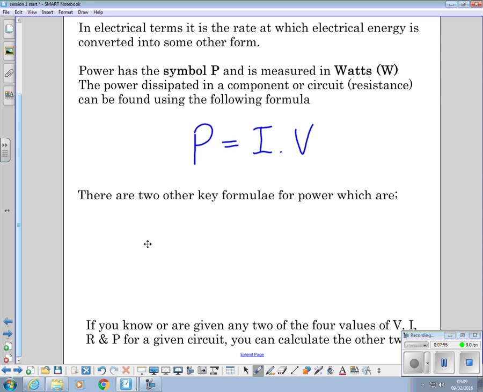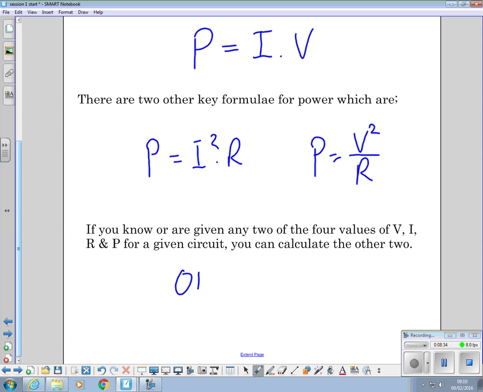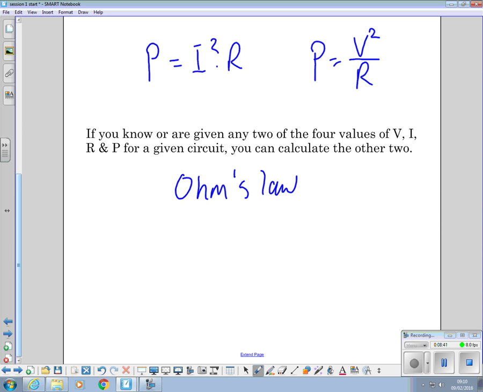I squared R, so P is equal to I squared times R. And the other one involves V and R: P is equal to V squared divided by R. These can all go with Ohm's law: I is equal to V over R.